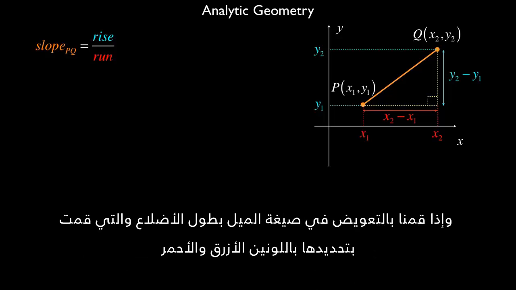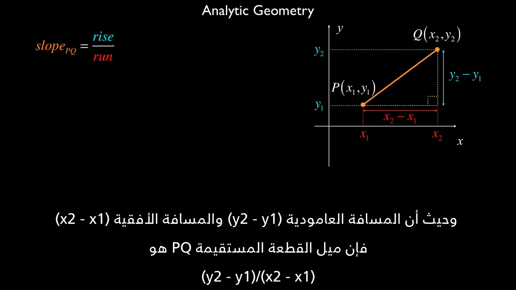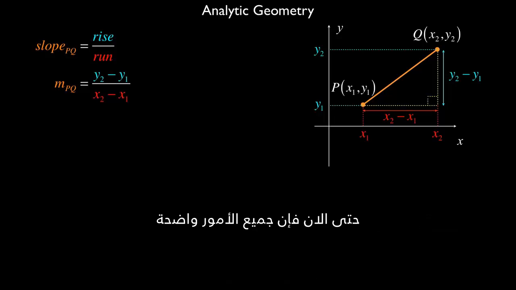Substituting for the sides that we have marked in blue and red, the rise is y2 minus y1 and the run is x2 subtract x1. And so the slope of PQ, which we call MPQ, is y2 minus y1 over x2 minus x1. Pretty straightforward stuff that we've worked on before.